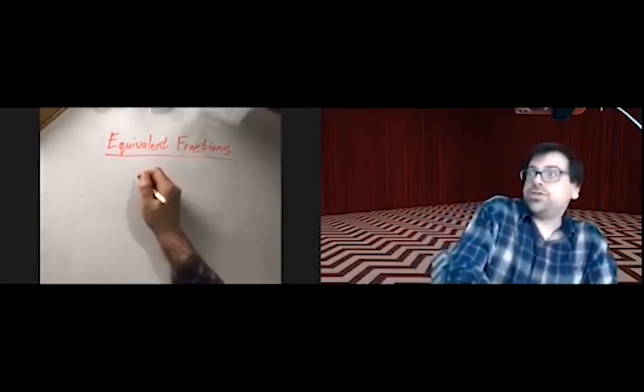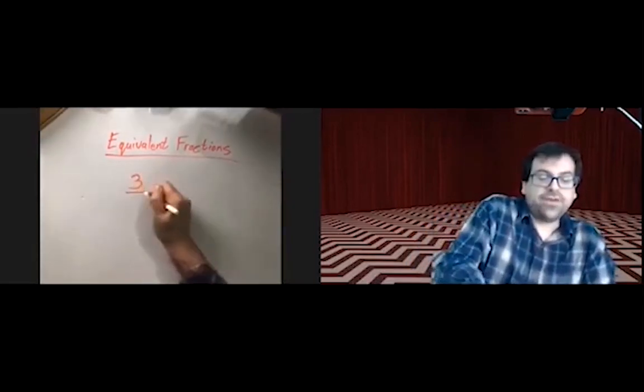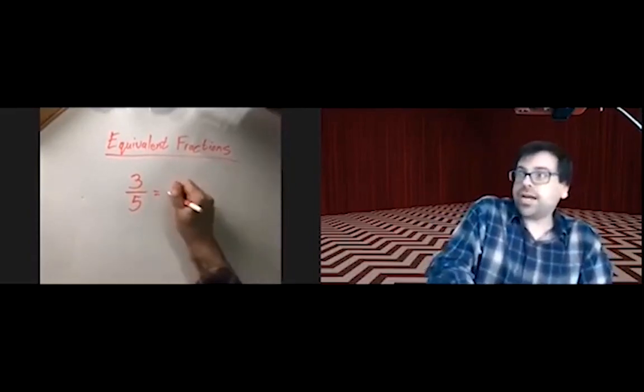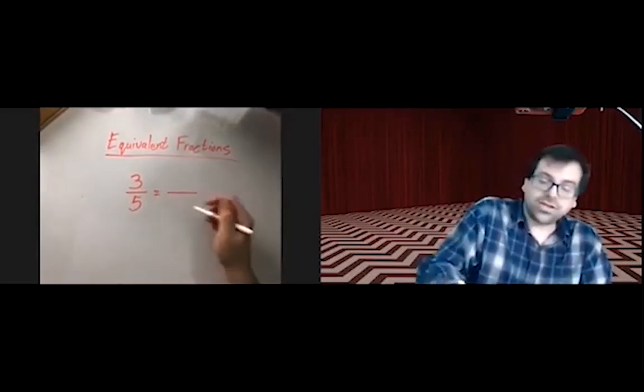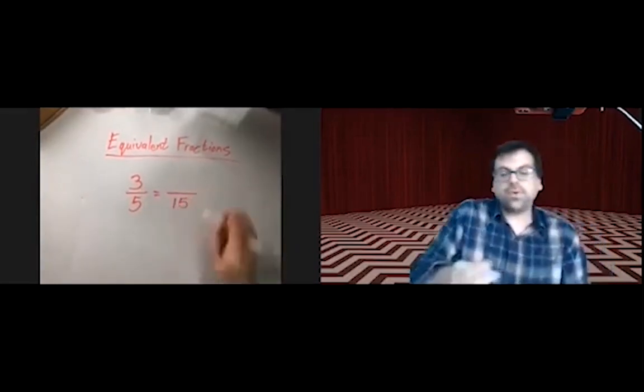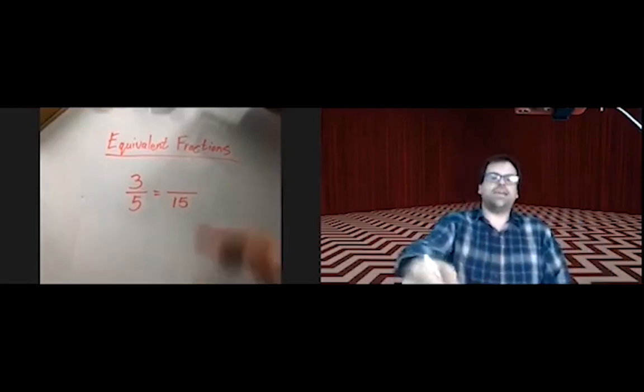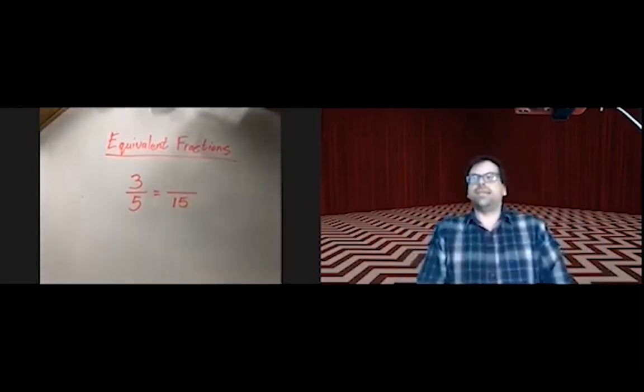So this next question is going to give us 3/5, and it's going to say, write the fraction as an equivalent fraction with the denominator of 15. So it's going to look like this, and we have to give the missing number from the top of the second fraction.